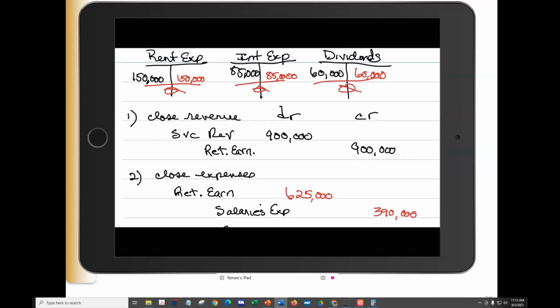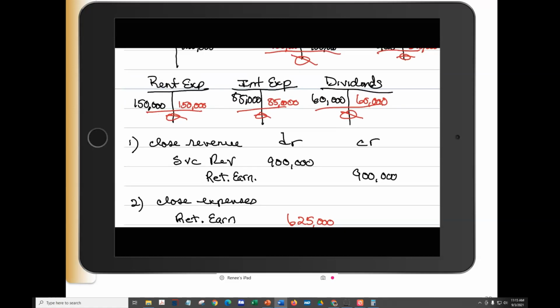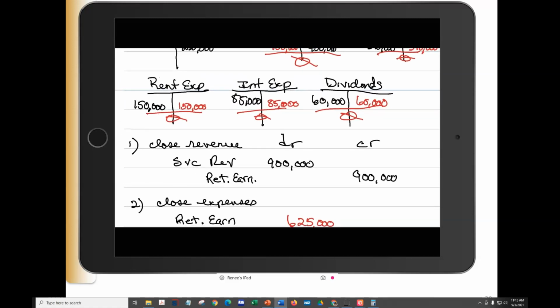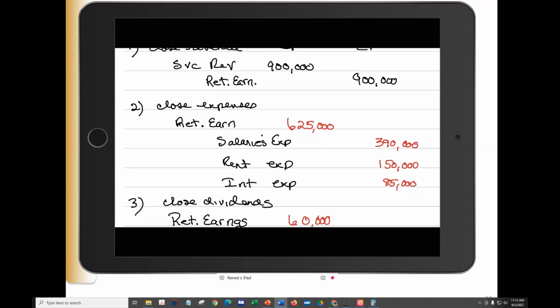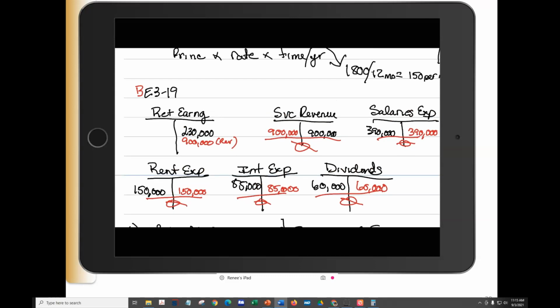Now I want to post these amounts to retained earnings. I want to credit it $900,000. That's the revenue. I want to debit it $625,000. That's the expenses.